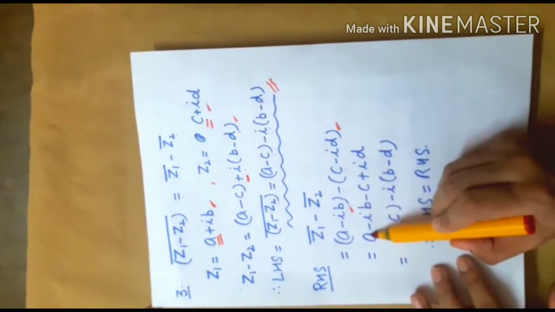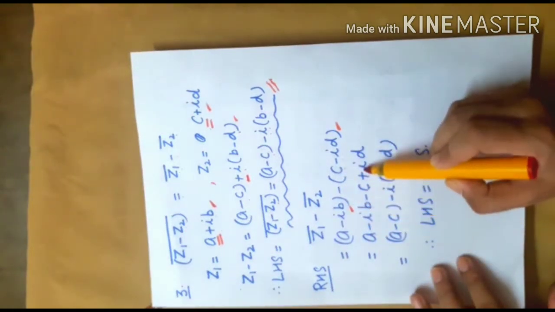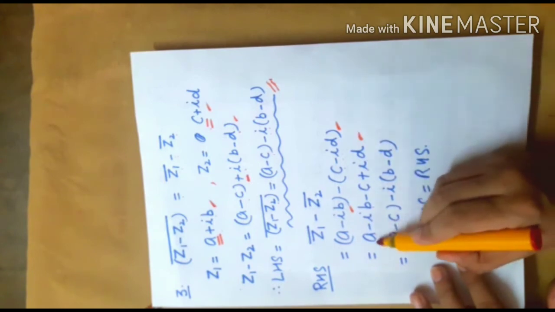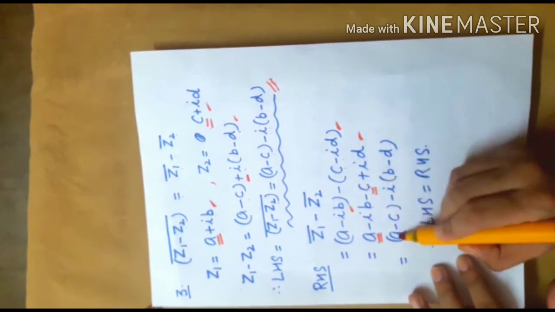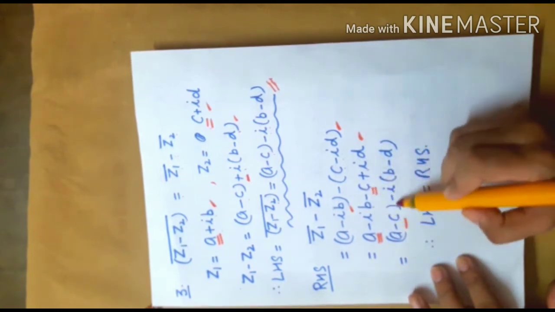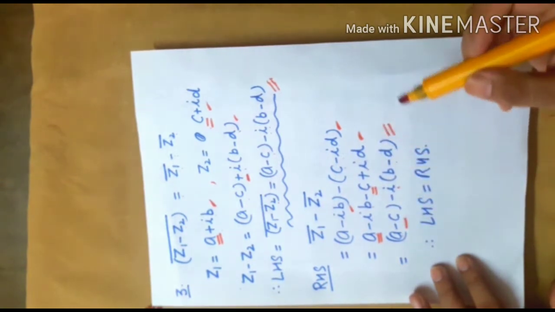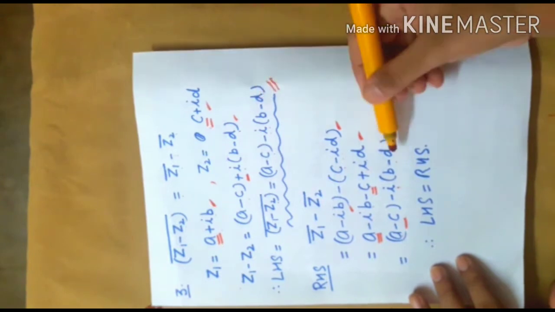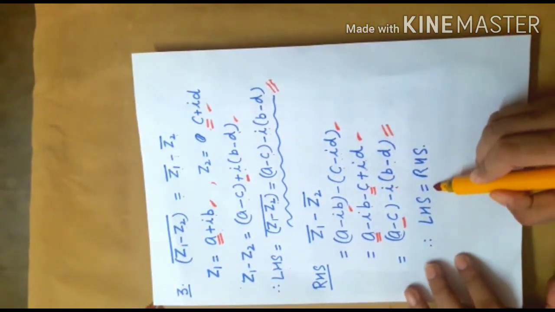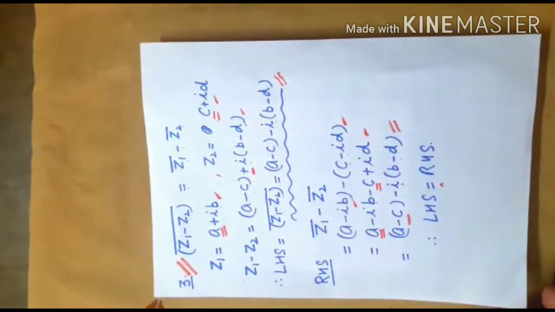Open the bracket: a minus iota b minus c plus iota d. Combine the real parts, a minus c, and it will be minus iota common, b minus d. So you can see the left hand side and right hand side are both equal, and hence this property.